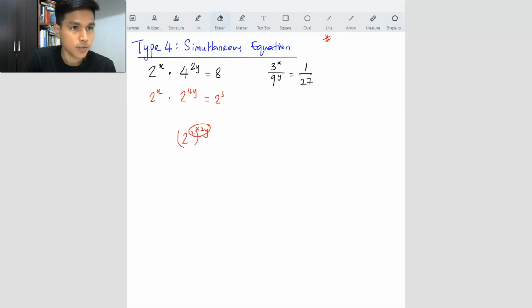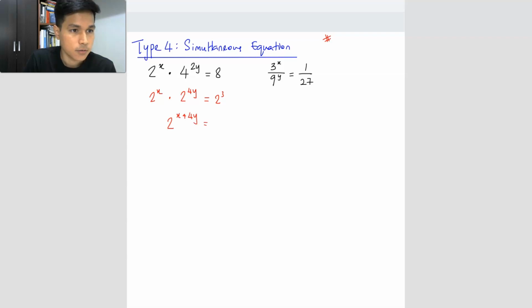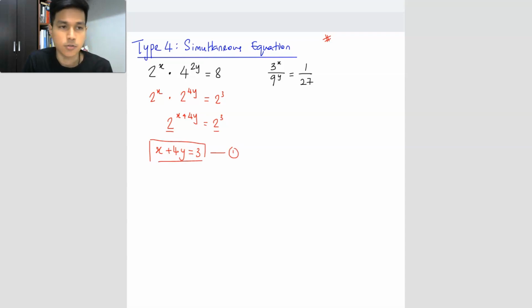What you can do is combine all of them, because they are all the same base. So it becomes 2 power x plus 4y equals 2 power 3. Now that they are the same base on both sides, you can just combine them. So x plus 4y equals 3. So this is your first equation. Now we have to find the second equation.